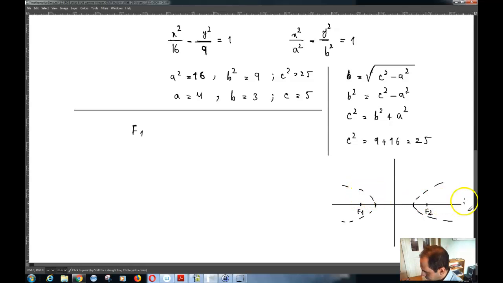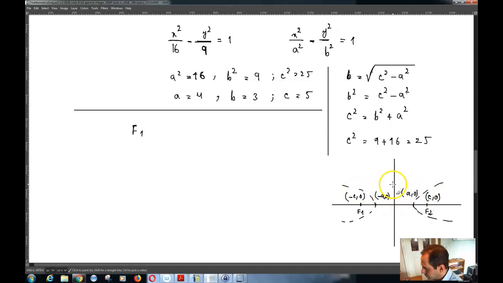Across this line, the y coordinate of every point is 0. So this point becomes negative c comma 0, this point becomes negative a comma 0, this point becomes a comma 0, and this point becomes c comma 0.